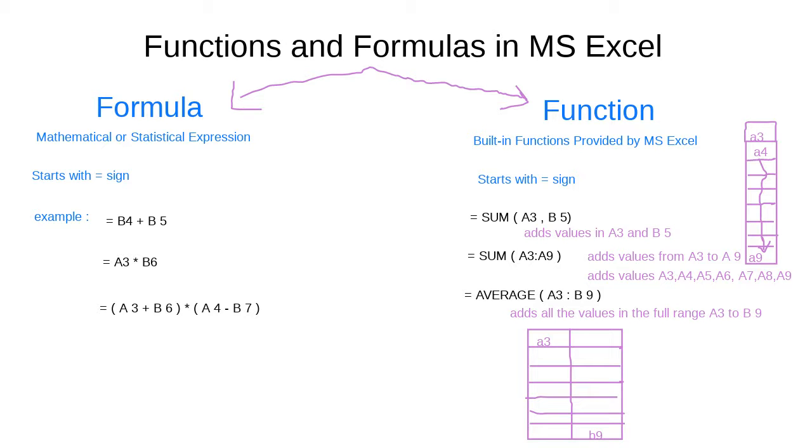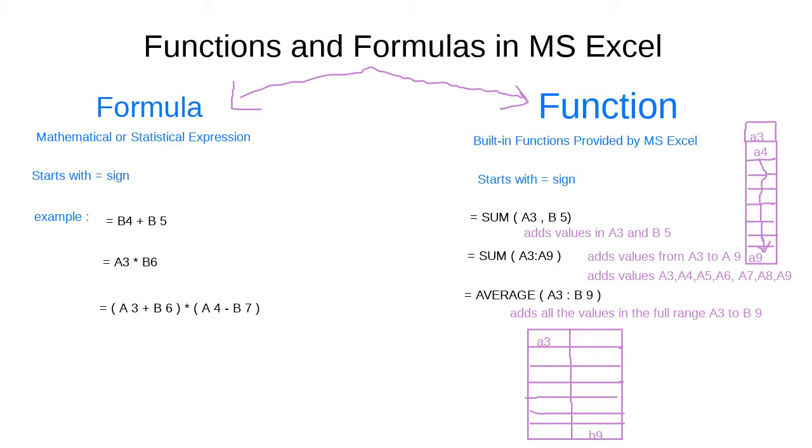And let's see what is a Microsoft Excel function. Now imagine take values from A3 to A9. If you are to type the formula, this is what you should type.